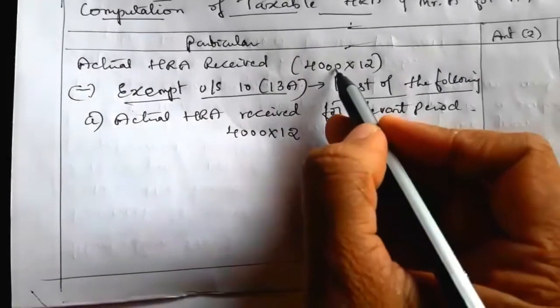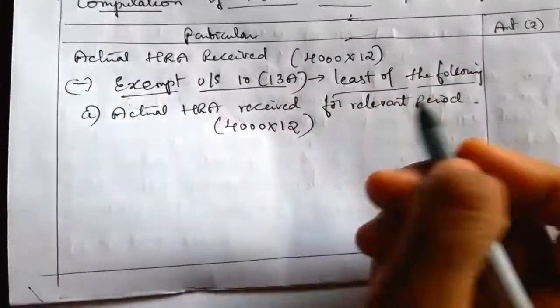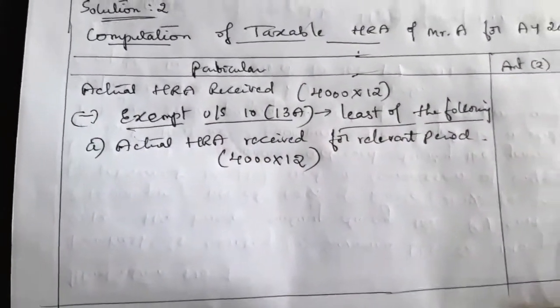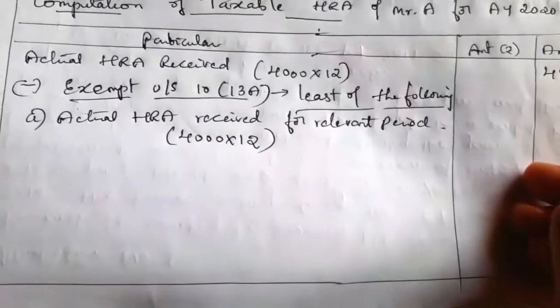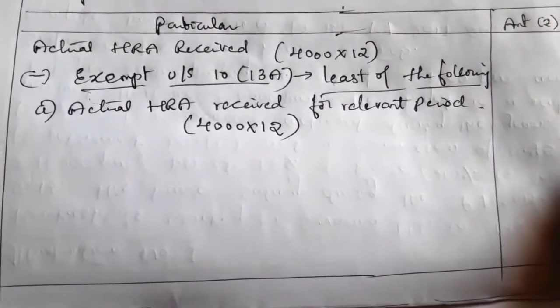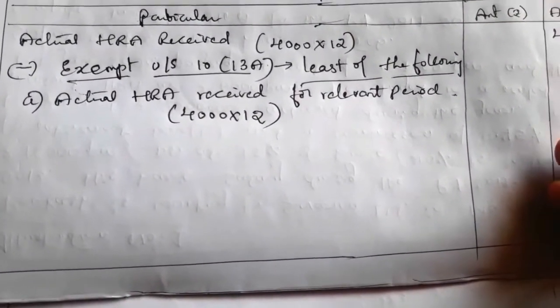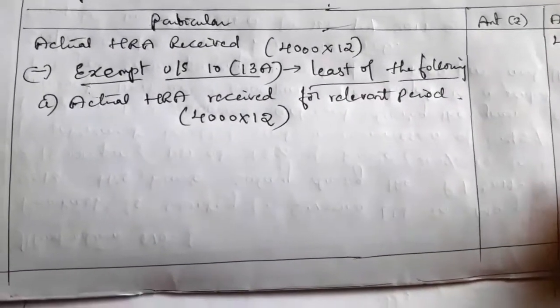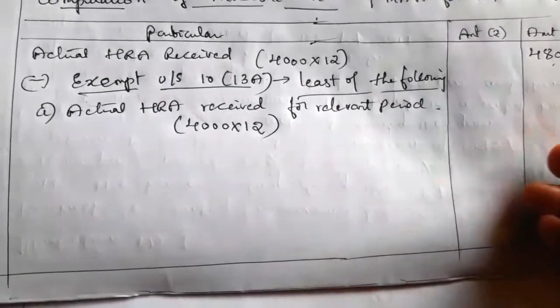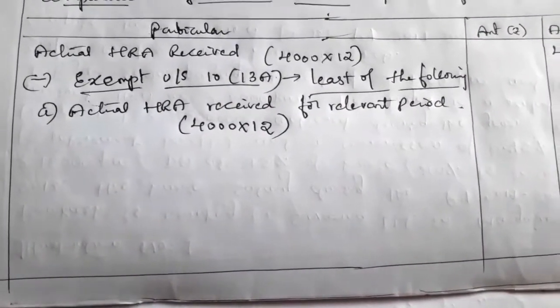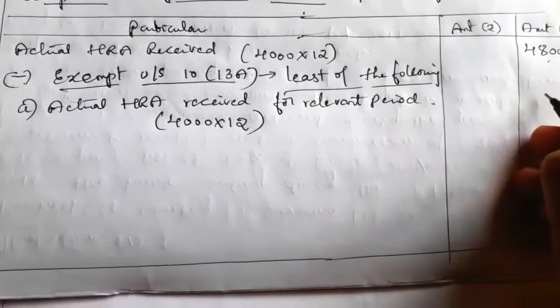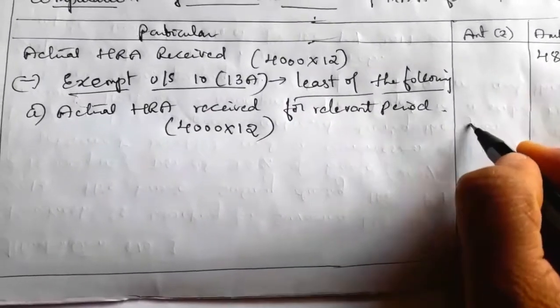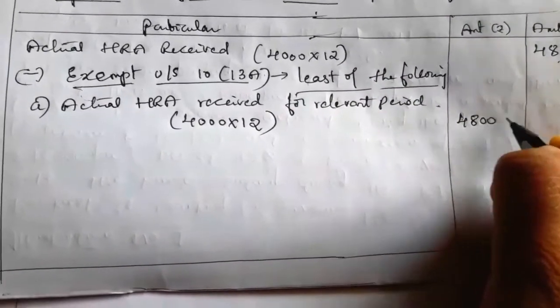The relevant period here is the entire previous year, because in the question they have not given the information that he shifted to his own house in the middle of the year. So it means that he stayed in a rented house for the entire 12 months in the previous year. So 4,000 into 12 is equal to 48,000.